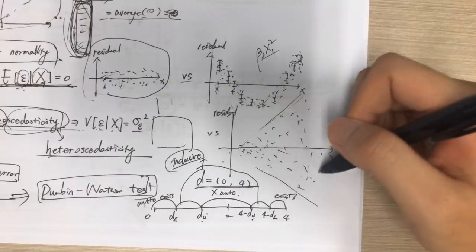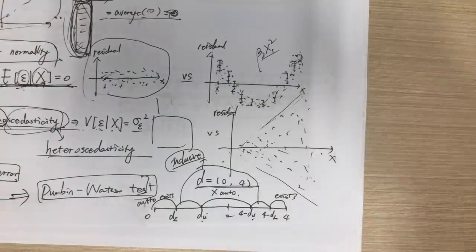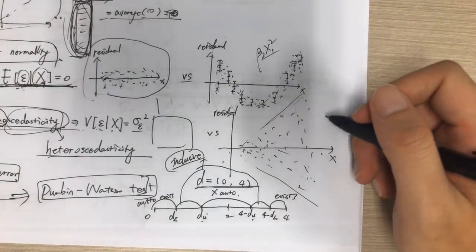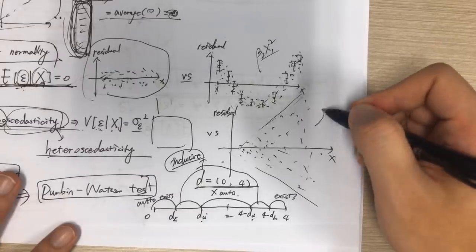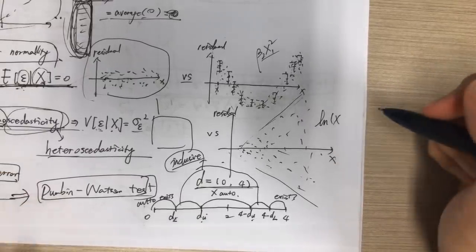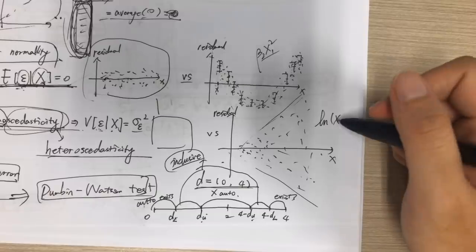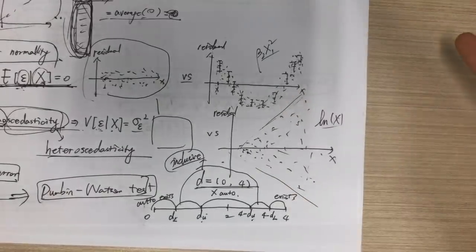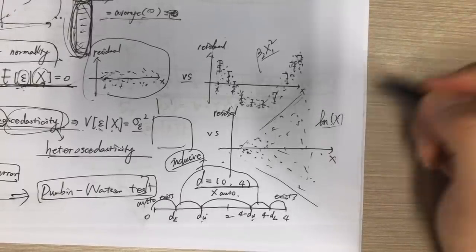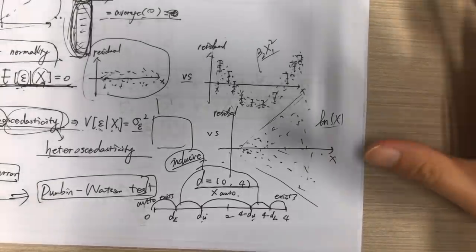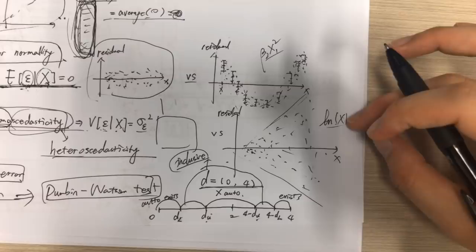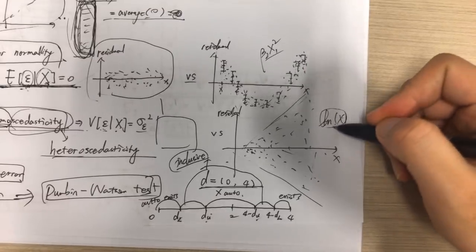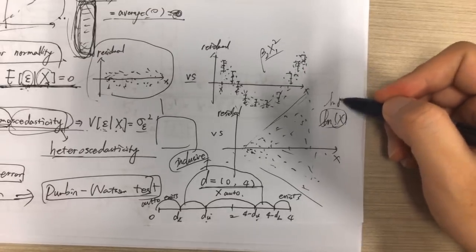And for heteroscedasticity, you may try some log transformation, right? So if you take a log transformation on x, this can be improved somewhat, or, well, it depends, right? Well, it's not log transformation on x, probably log transformation on y.